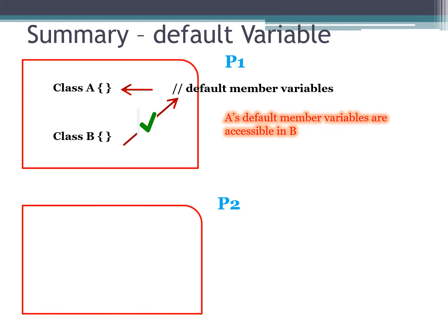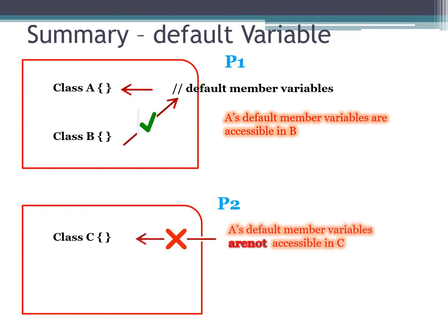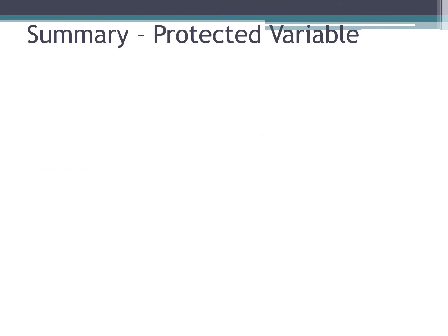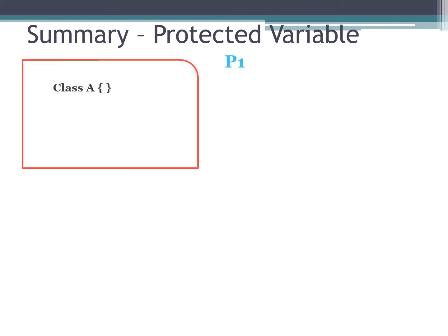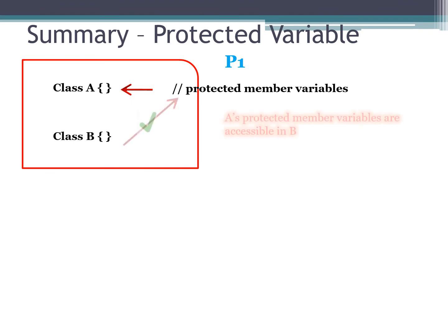Now let's take an example of another class which belongs to a different package P2. This class C, which is declared in package P2, is not able to access A's default member variables. Now the last one, the accessibility of protected variables. Package P1 has class A declaration with protected member variables. B belongs to the same package as class A, so B is able to access A's protected variables.